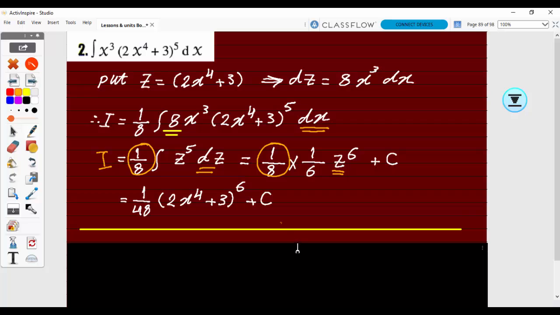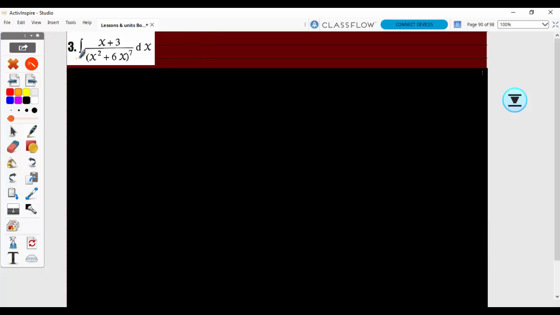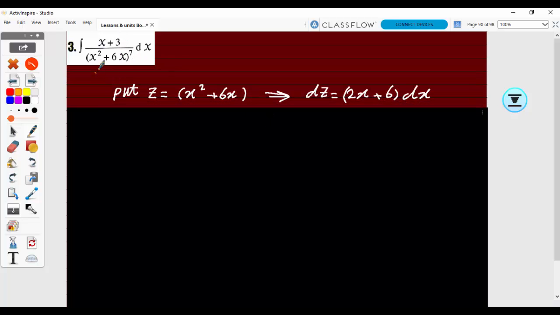Next question. Question number 3. The integral of (x + 3) over (x^2 + 6x)^7 dx. We have a fraction here. For that, let x^2 + 6x equals z, and then we get the first derivative. The derivative of x^2 is 2x, and the derivative of 6x is 6, so dz equals (2x + 6) dx.